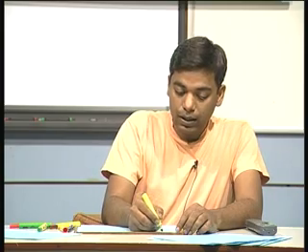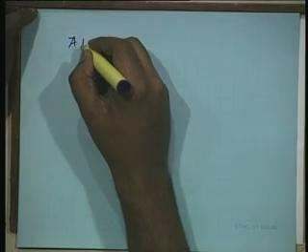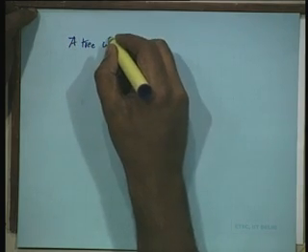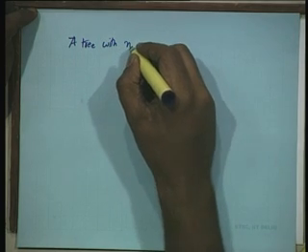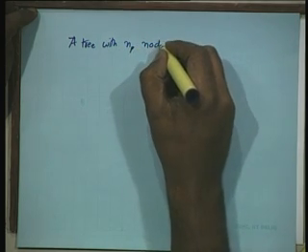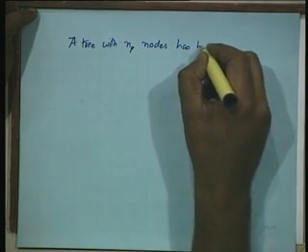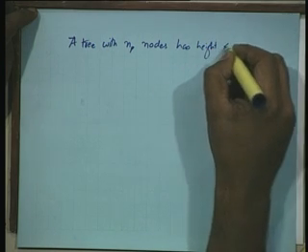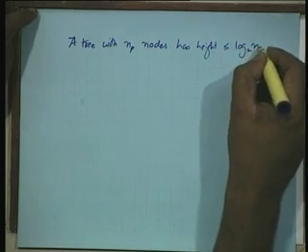So what is the claim we want to make? Not that the height is minimum. A tree with n1 nodes, let us say, has height less than or equal to log of n1.